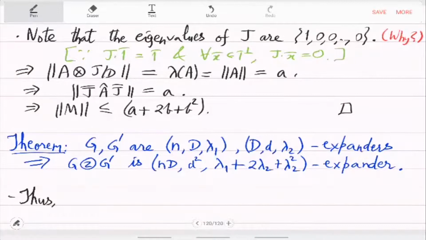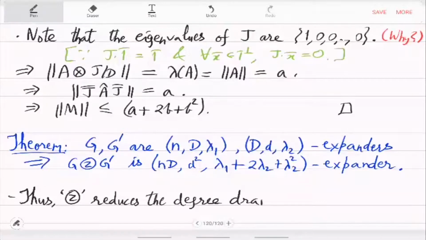Thus, this zigzag product reduces the degree dramatically. Of course, assuming that small d is much smaller than big D, without worsening the expansion.